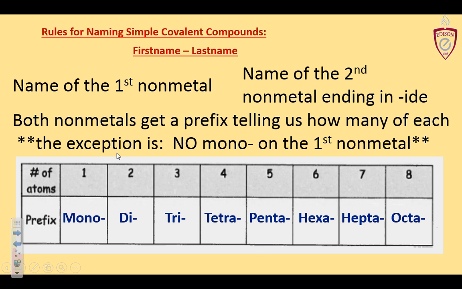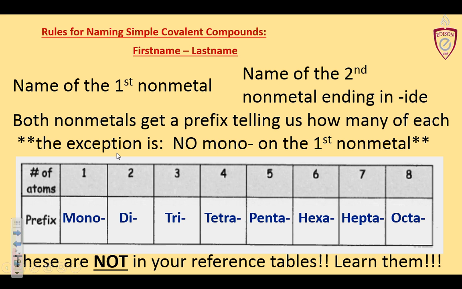With tri and di, we always keep the I's. I'm not going to say you definitely lose the A's, but sometimes you do. These are not in your reference tables, so you have to learn them. The ones you find in your reference tables are for a different unit of the year, and if you try to use those, it's not going to work.